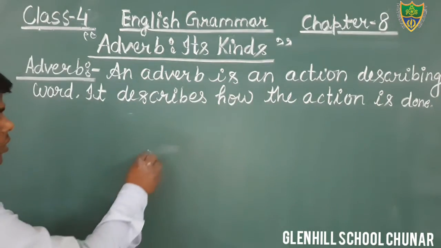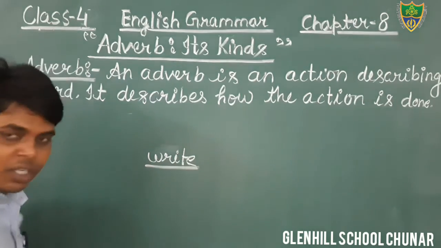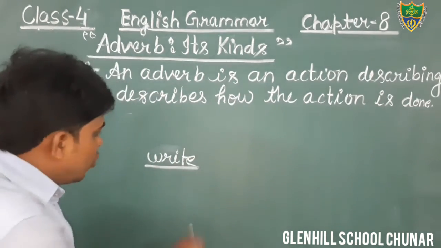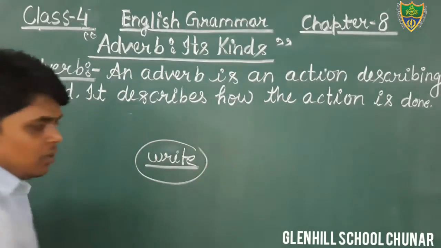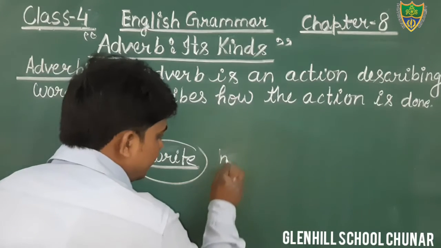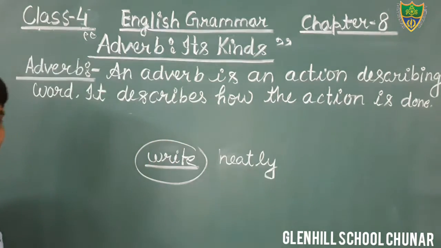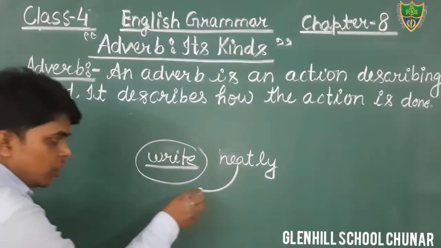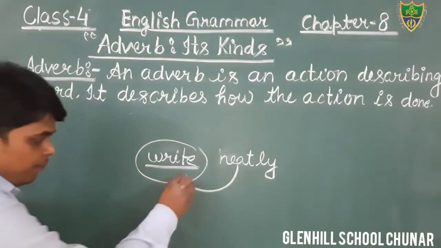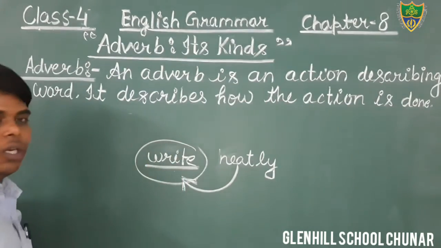For example, we can say write. Write is a verb, that is action. Suppose that I want to describe this action write. Write beautifully or neatly. The word neatly qualifies this verb, this action word, modifies this action word.